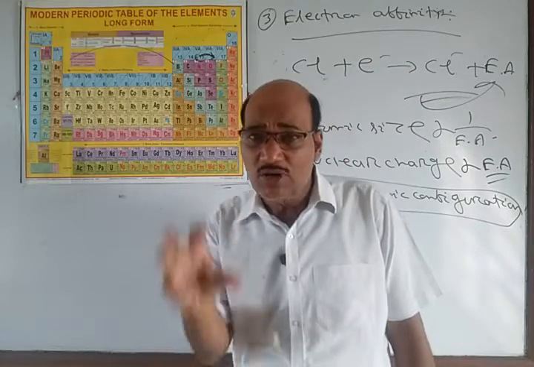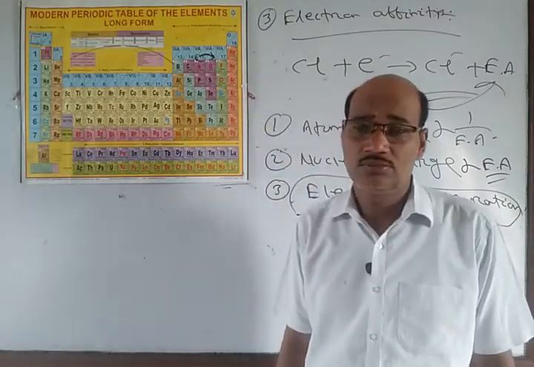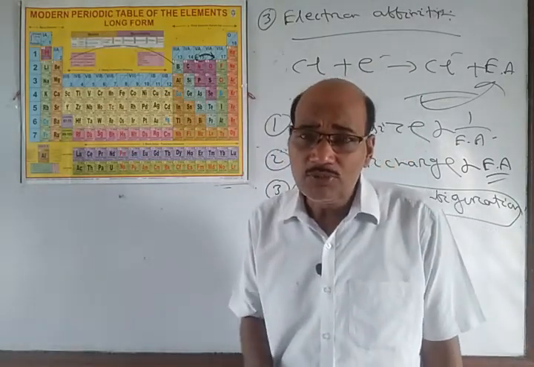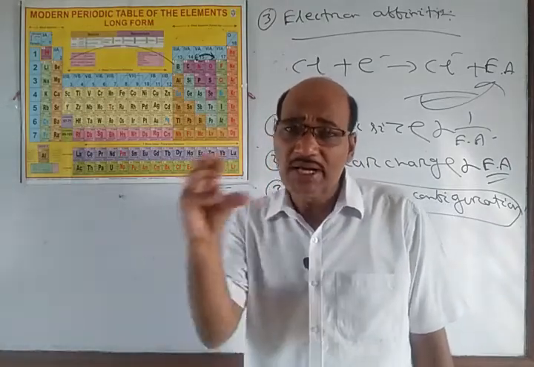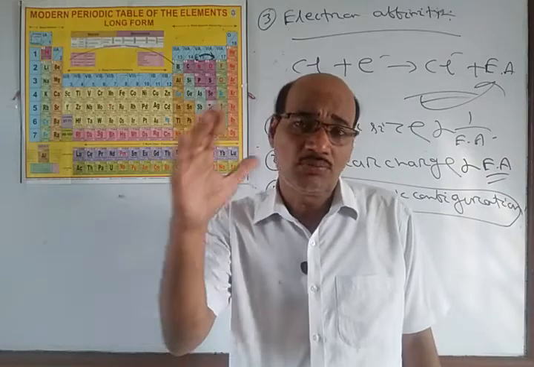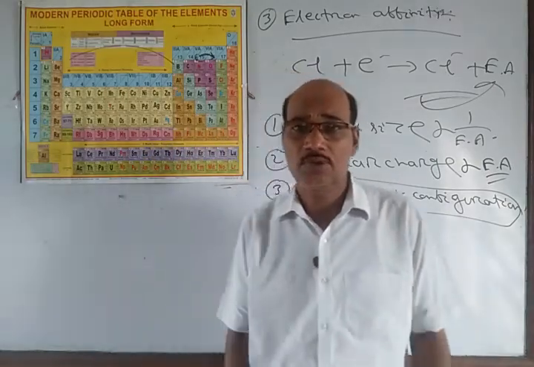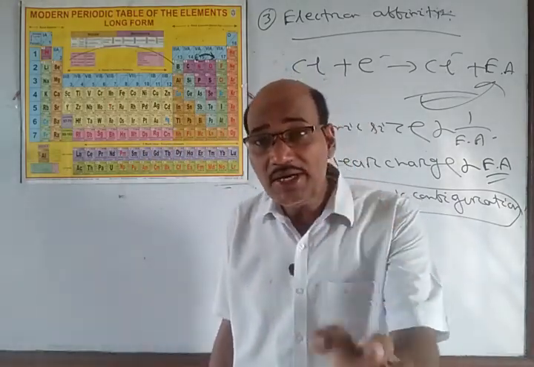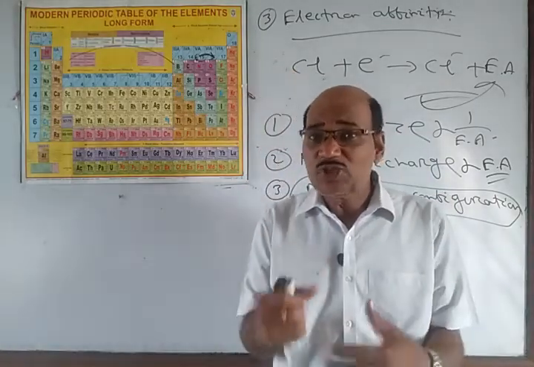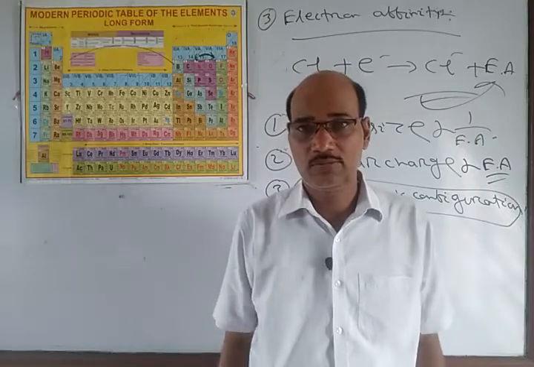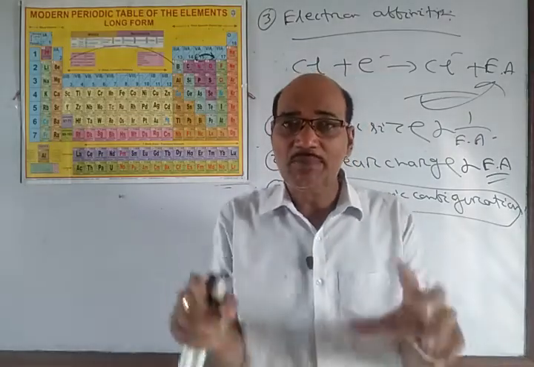Due to its compact size, when we add an electron to the valence shell of the fluorine atom, the electrons already present there and the electron we are adding repel each other.